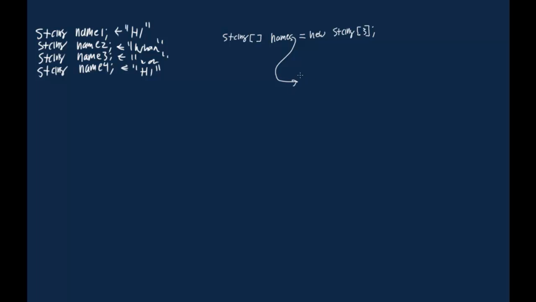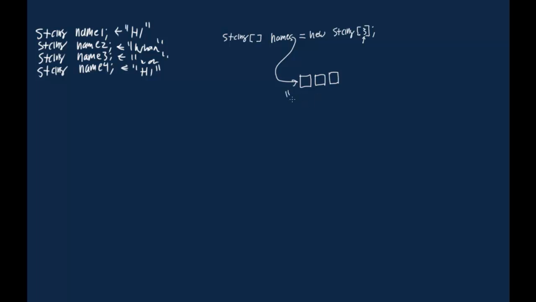It could contain 3 string values, as opposed to just being able to contain 1. And that's because we created an array and we've instantiated it to have 3 slots in it. So names has 3 slots, and each one of these slots can contain their own individual strings.